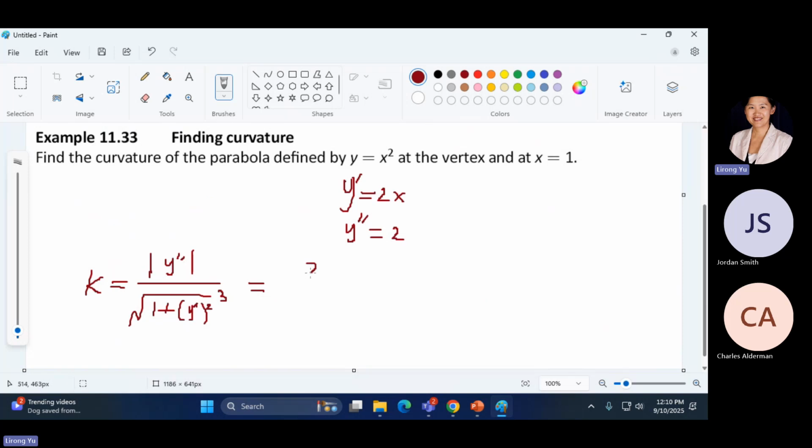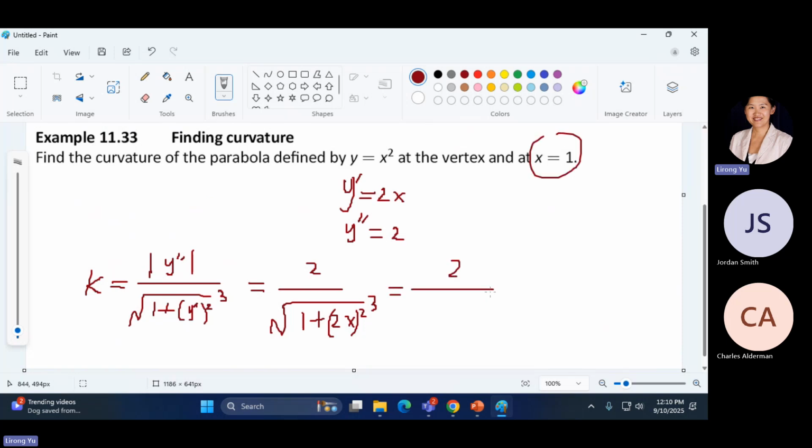The second derivative equals 2, so this is 2 over the root of 1 plus (2x) squared, and then cubed. So we'll plug in x equals 1 here now.